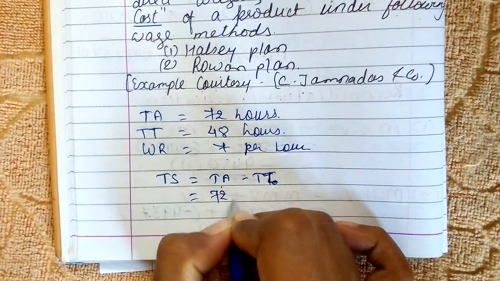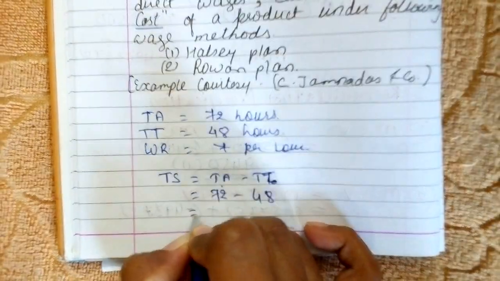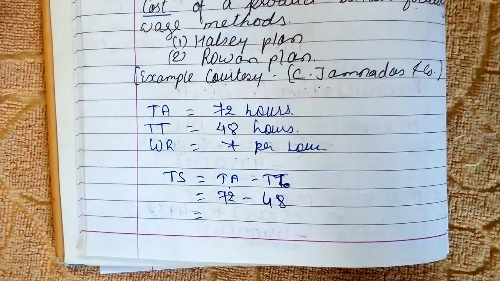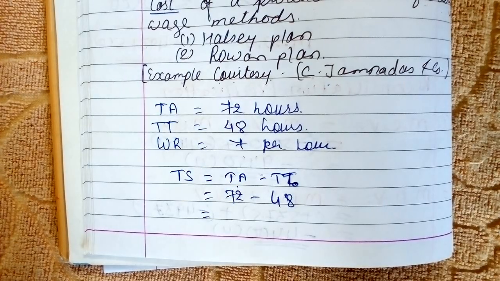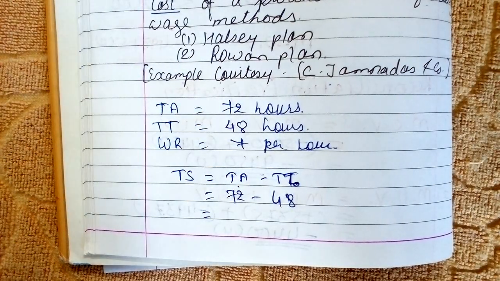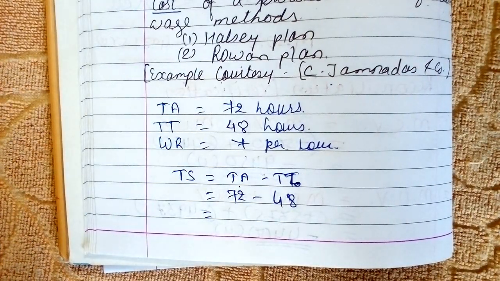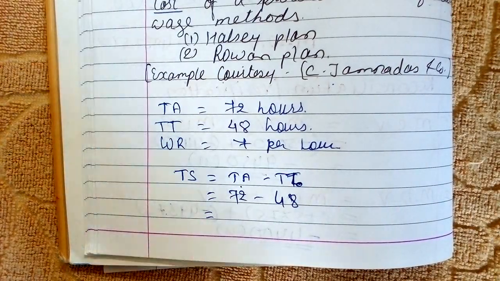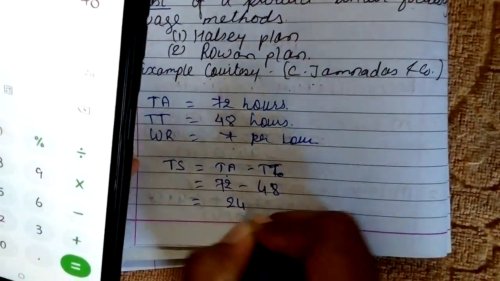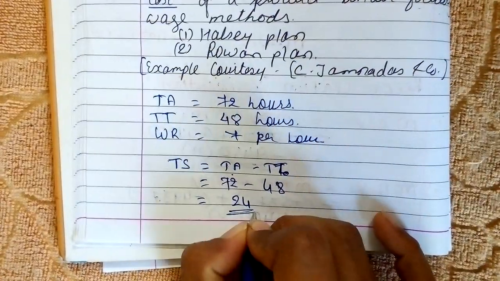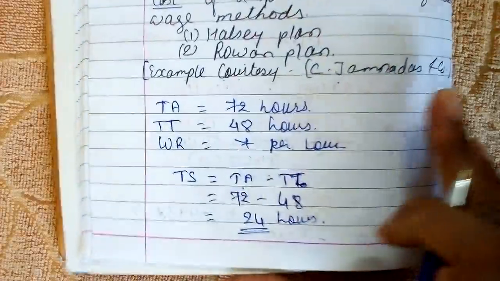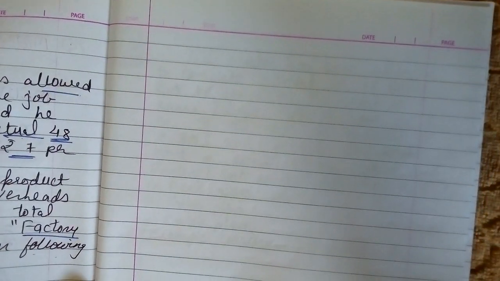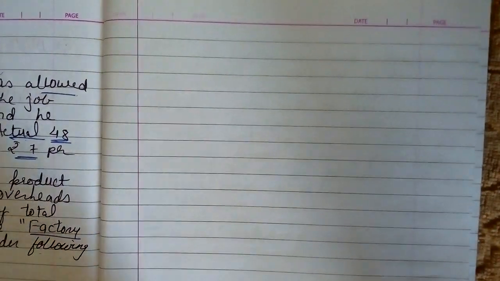So time allowed was 72 and time taken is 48. 72 minus 48, so time saved is 24 hours. Now we are going to use this information for calculating our wage as per Halsey plan.